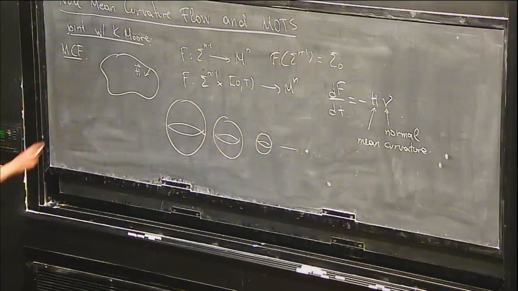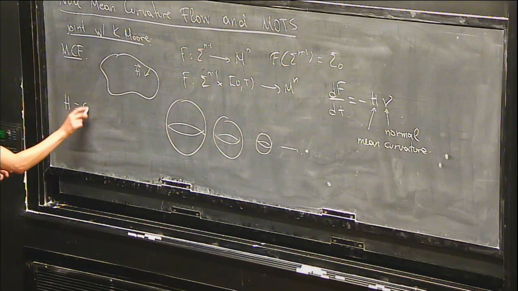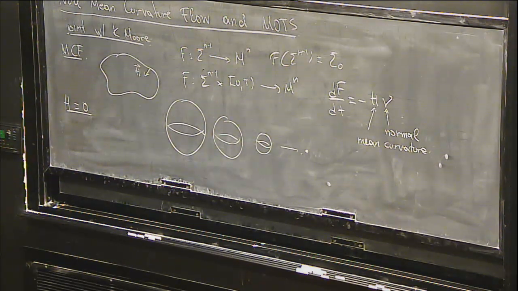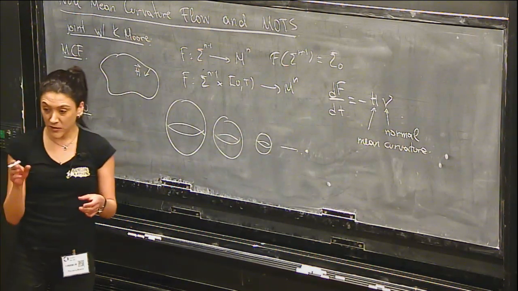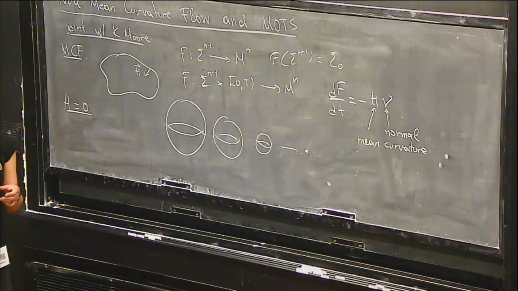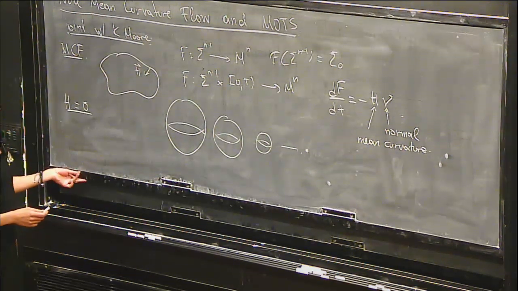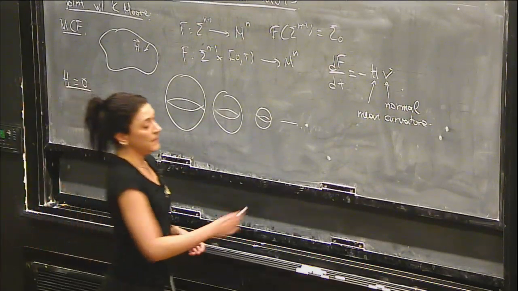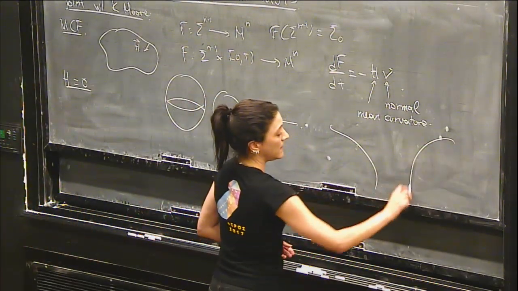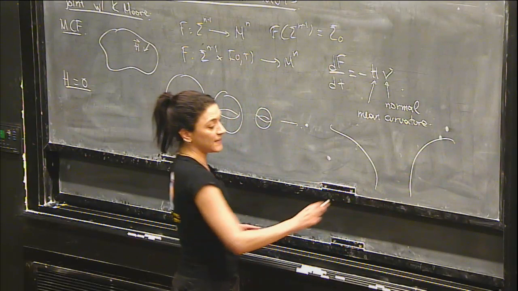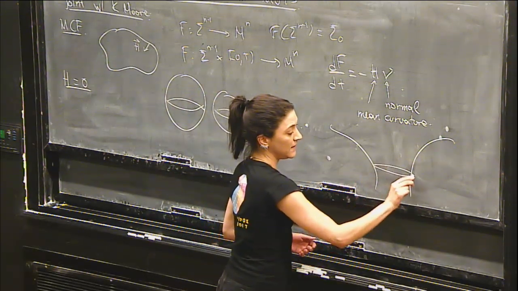Minimal surfaces are surfaces that satisfy mean curvature equals 0, and these are critical points for the area functional. In other words, a minimal surface is such that if I do small deformations, the area will go up. Okay? So for example, say we have a manifold that looks like this, and here I have a minimal surface.